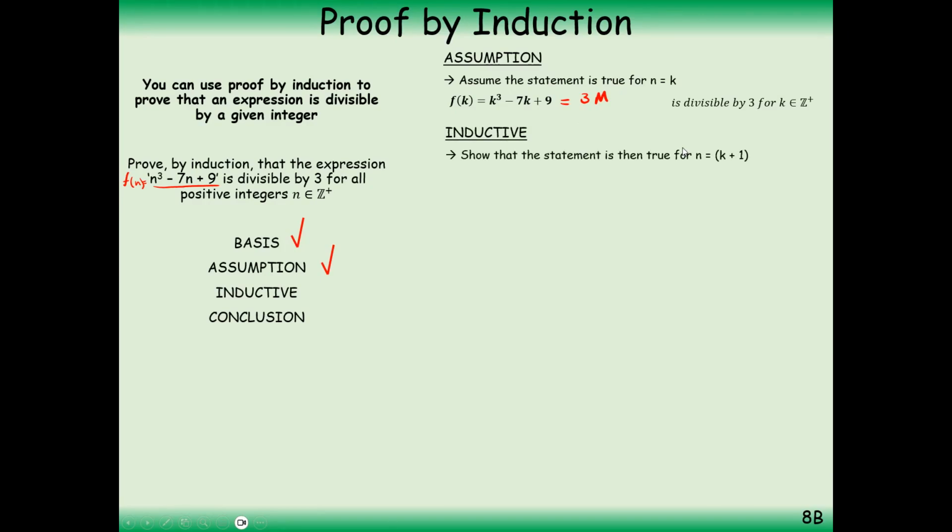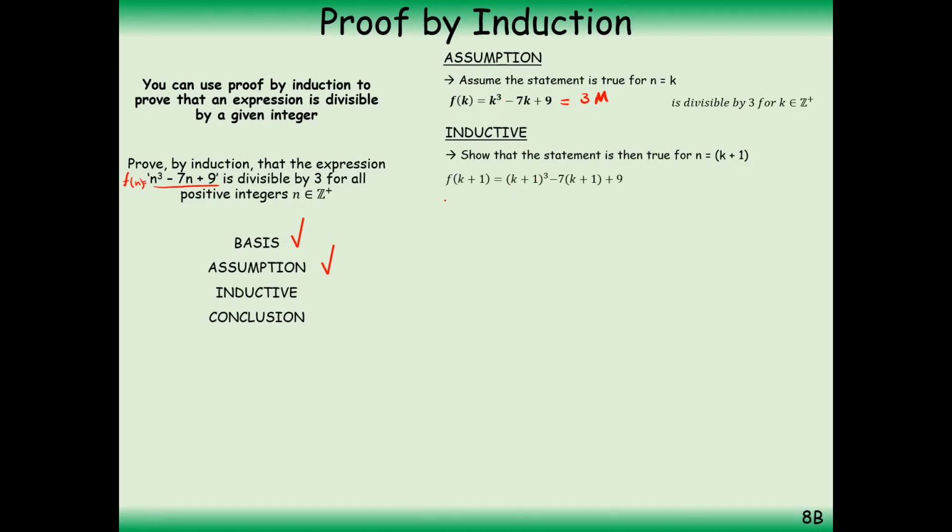Then at the inductive step, we're going to substitute k plus 1 where the n was in the original formula. If you are not familiar with binomial expansion, please go and find my video on binomial expansion, because here we have to multiply out a bracket, k plus 1 raised to the power of 3.